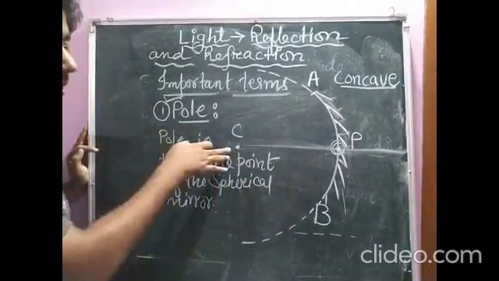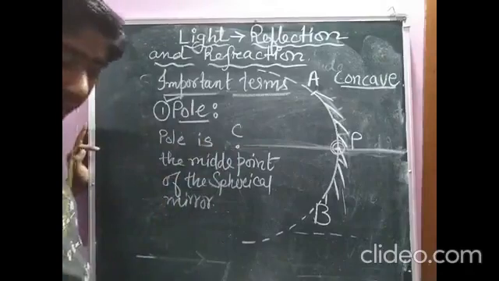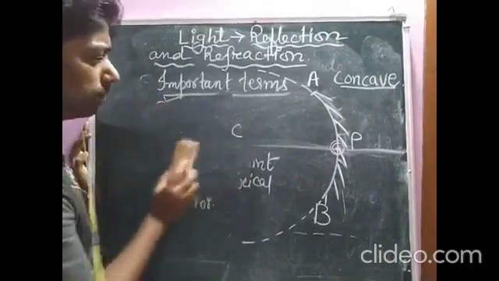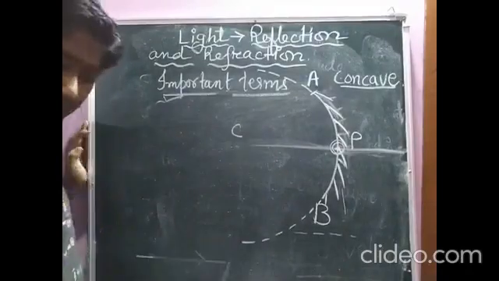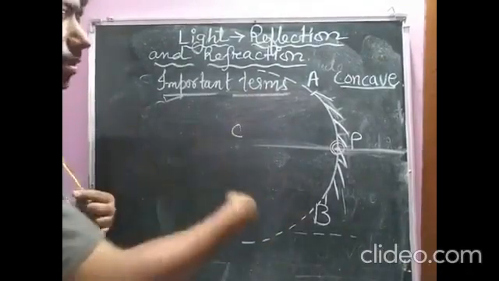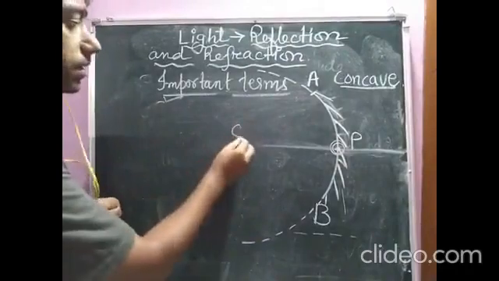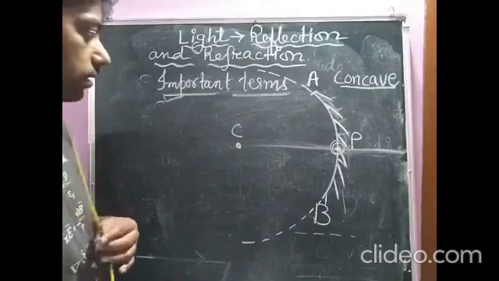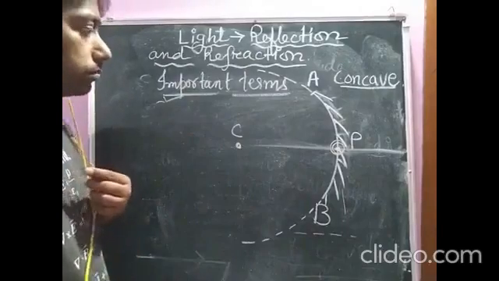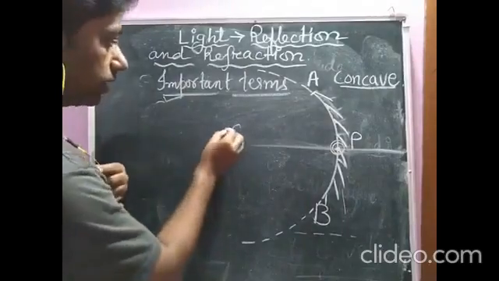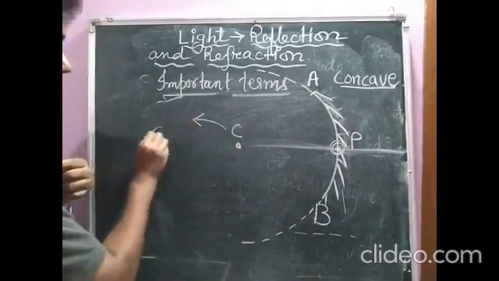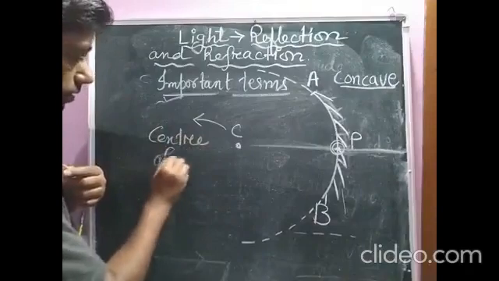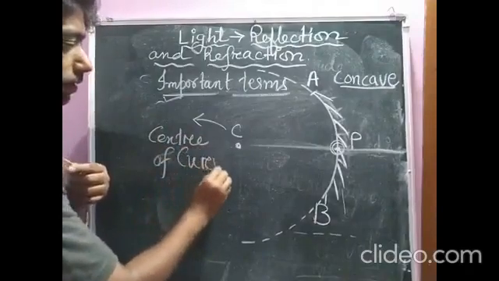Now what is this C? This C has an important meaning. I told you to imagine a spherical shape of which the mirror is a part. That spherical shape has a center C. This point is known as the center of curvature.